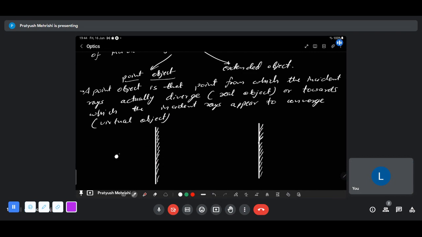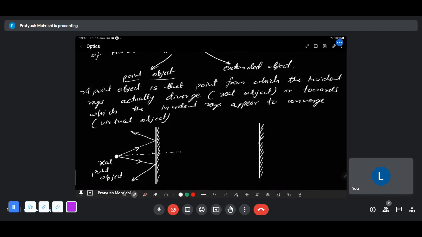This is a real object. Rays from a real object are going like this. This is a real point object. Of this real point object, a virtual image will be formed. This is the virtual image which is formed of this real point object.